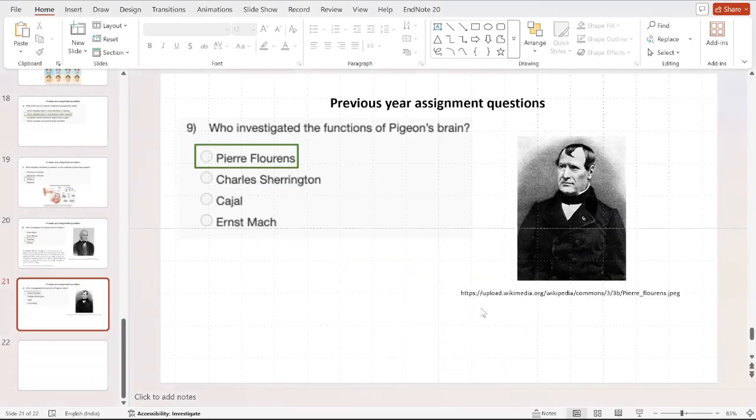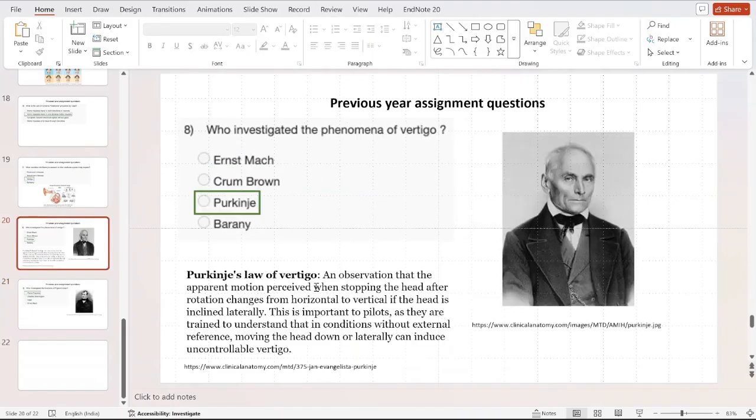At the time, what was popular, as you saw even in the case of Purkinje, is that the creature is made to rotate.